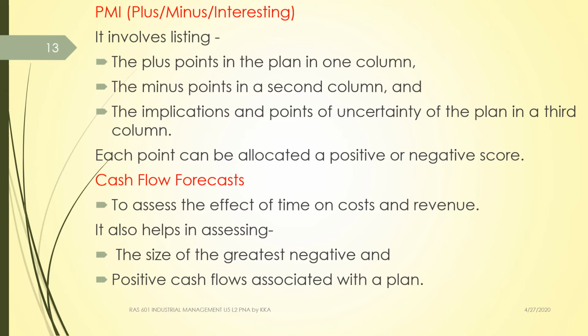One more interesting thing about this exercise is to find out the implications of the points of uncertainty with the plan. This helps the organization to allocate positive as well as negative scores, and by comparing those scores, the organization can work for betterment in future.